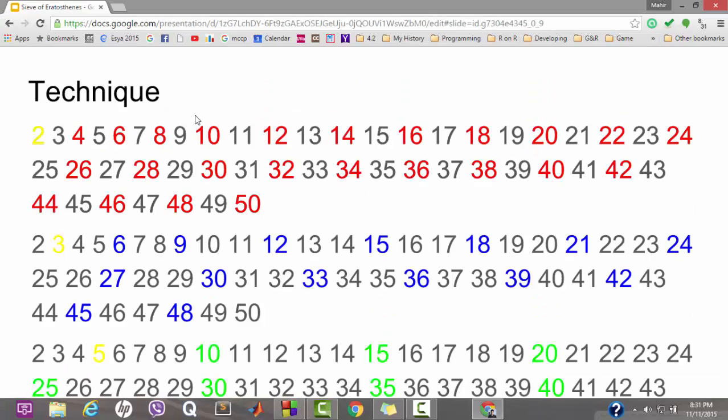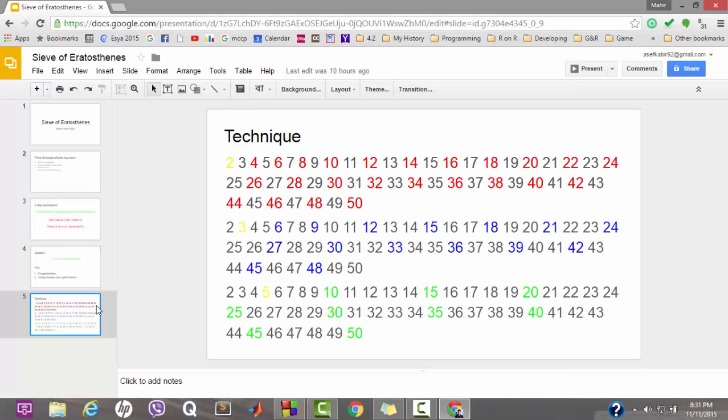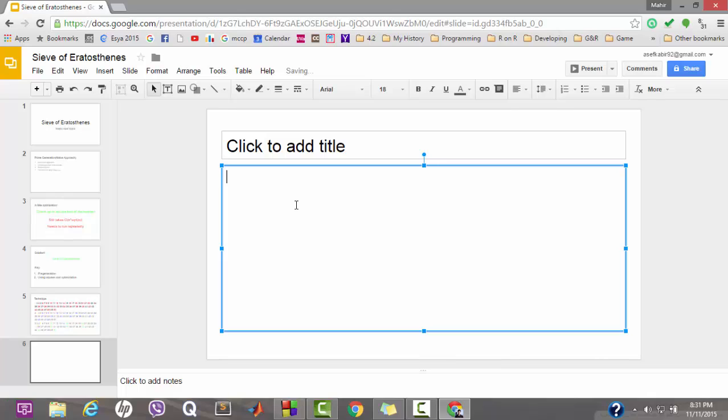So let's write it down so that we don't forget. Let's increase the font so we can see better. What are the things that we will be keeping in mind? We'll go up to the square root.